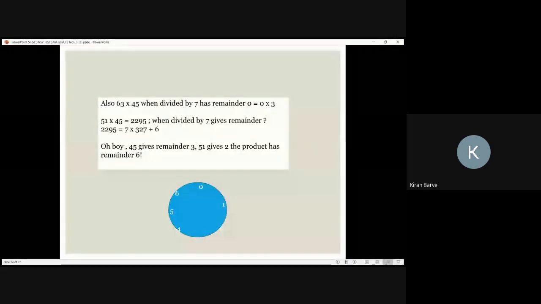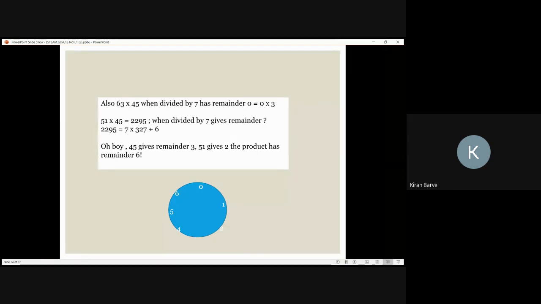7 2s are 14. I will repeat: the remainder of the product when divided by 7 is the product of the remainders when divided by 7.